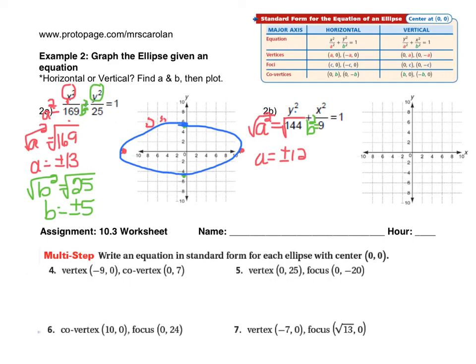And then when we solve for b, when we square root, we get b equals plus or minus 3. So let's plot these points. Where are we going to plot the 12? We're going to plot it on the y-axis. So let's go up 12 and down 12. And now we're going to plot the 3. Those will go on the x-axis because they were under the x. So there's our dots. We can see this is vertical, and we will connect them like that.